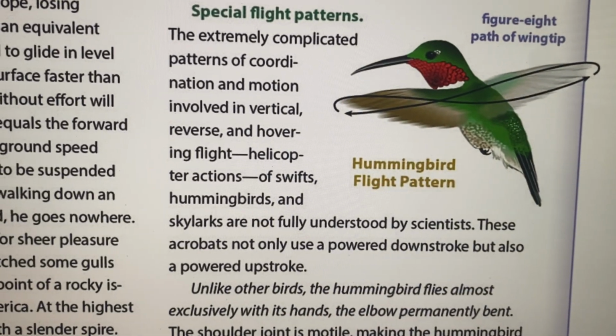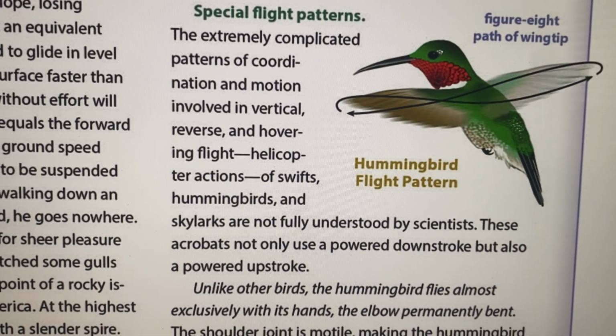So going on to, again, the hummingbird. The hummingbird's special flight pattern is, of course, like a helicopter. And it's hovering, and that makes them very acrobatic. They're like acrobats in the air. These include not only hummingbirds, but swifts and skylarks. They can just go straight up like a helicopter goes straight up in the air.